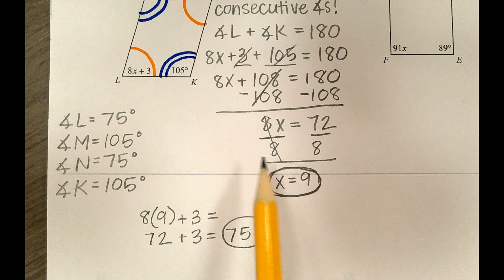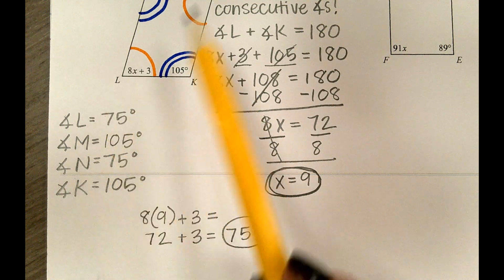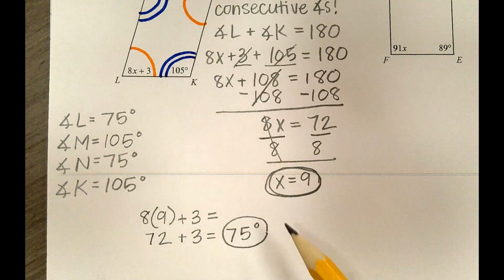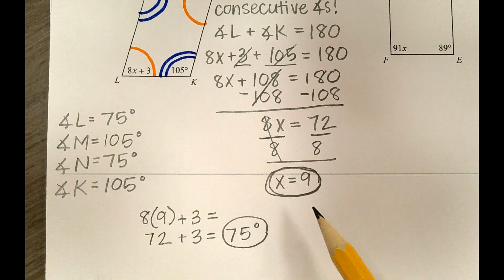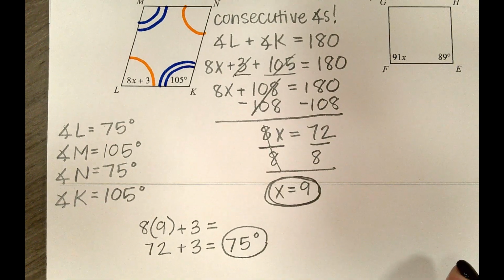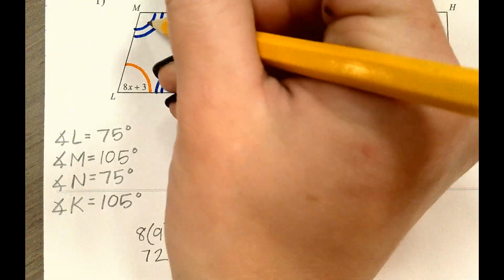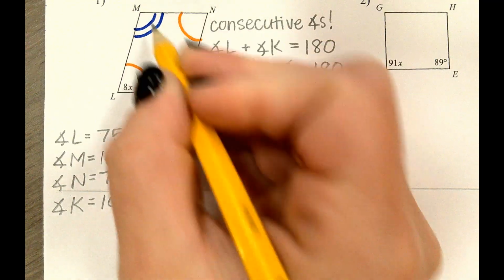Is there another way I could solve for angle L and angle N without knowing X? Yeah, I could subtract 210 from 360, and you got that 210 from the 105 and 105, then divide by 2.